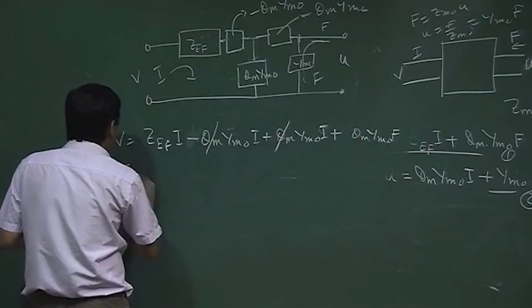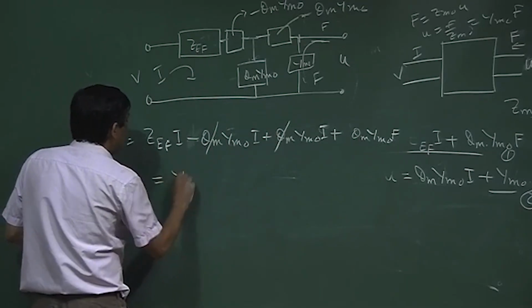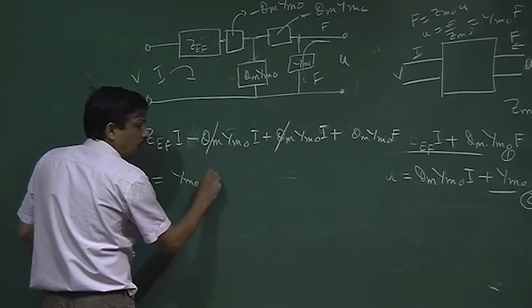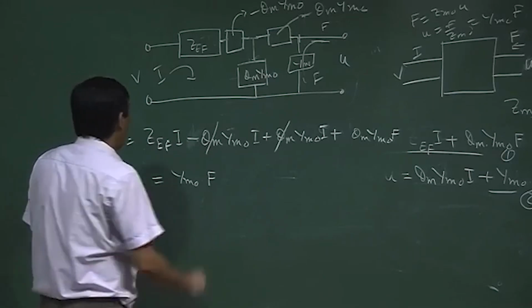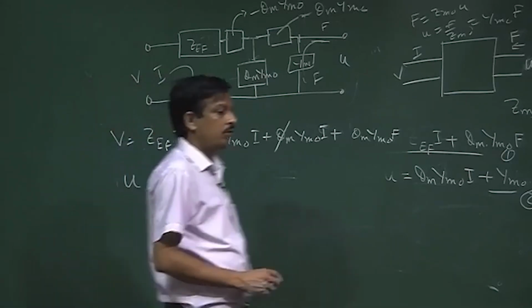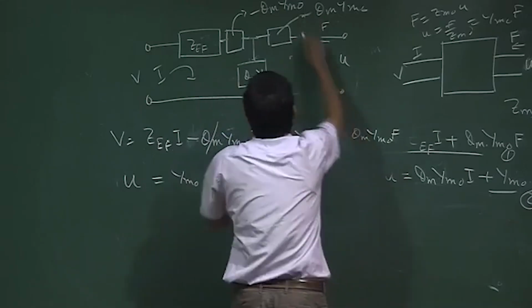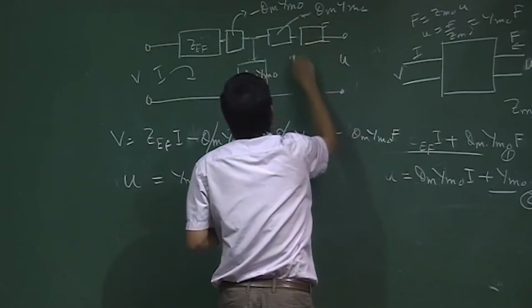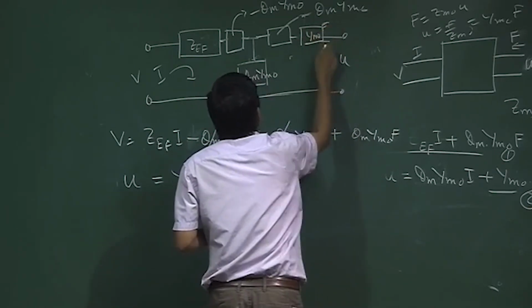Then U is equal to YMO into F. Sorry, this will not be connected here; this will be connected here. This is YMO, so F is flowing.